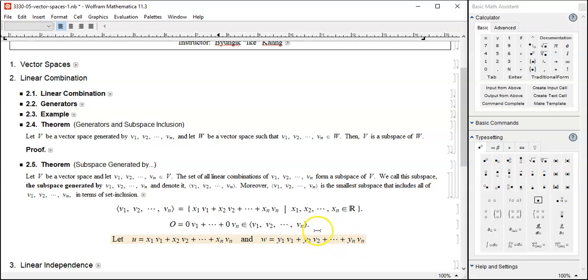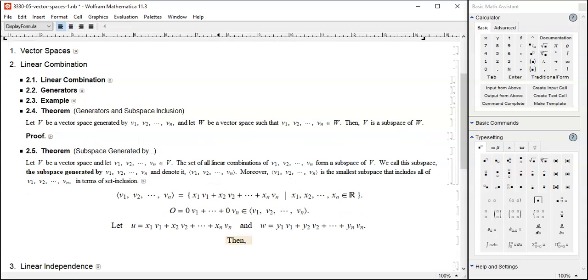Both are linear combinations, so clearly they belong to this set. Then what do you get? U plus W is equal to, parenthesis open, this plus that.